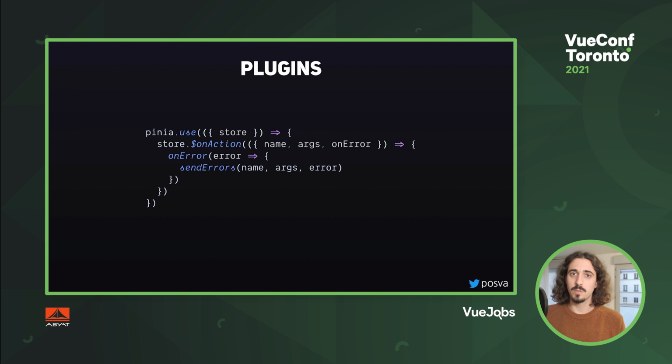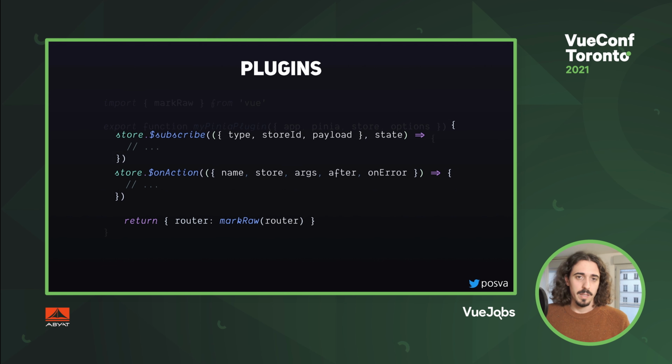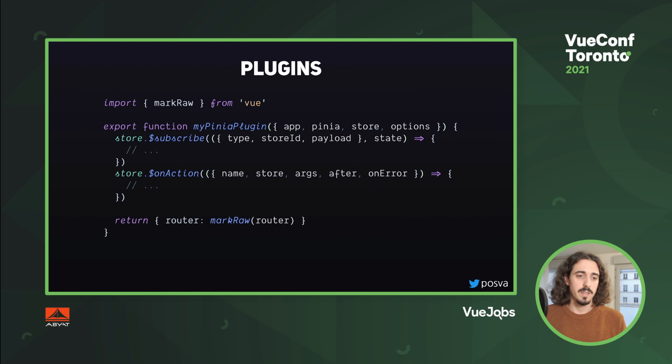And this works for both synchronous and asynchronous errors. Both of them work. And so all of these things together is, in my opinion, what makes Pinia very extensible. In fact, the DevTools API, the DevTools interface that I'm going to show you in a moment, is completely handled by a plugin, which is pretty cool.